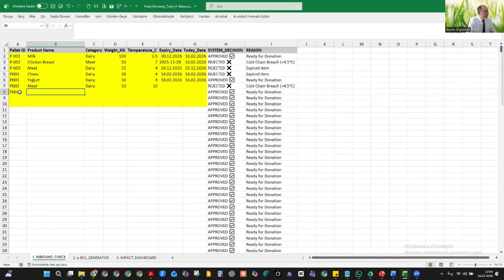One more example. Dairy, 15 kilograms, temperature is 4, ready for donation, as you see. Expiry date 20 February.